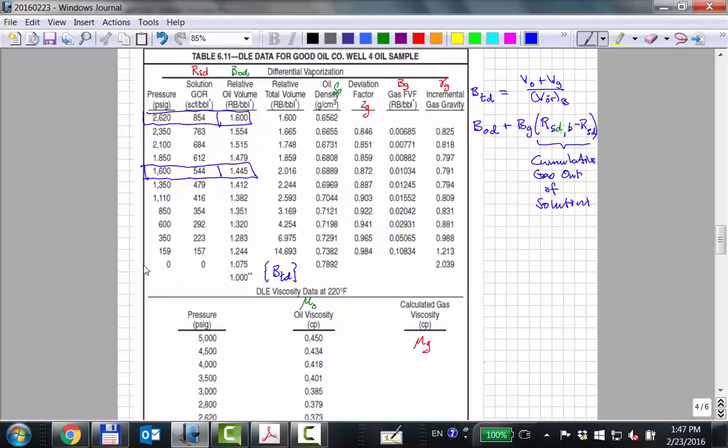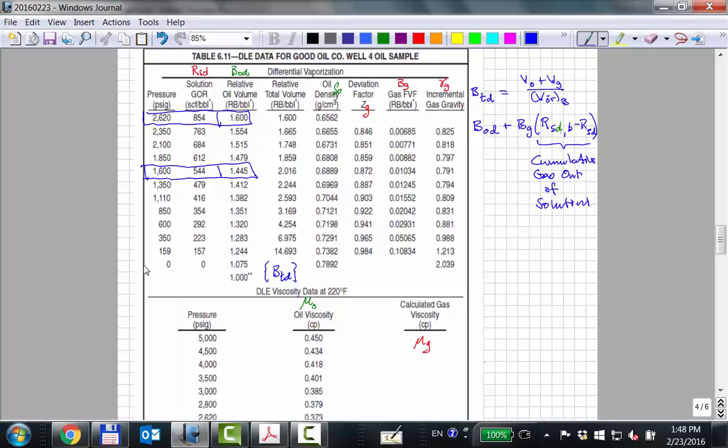You can imagine how much heat you'd have to put into the system. Then, to get one stock tank sellable oil, you'd have to bring 1.6 barrels out of the reservoir. That's not how we process. That's not how we produce our reservoir.